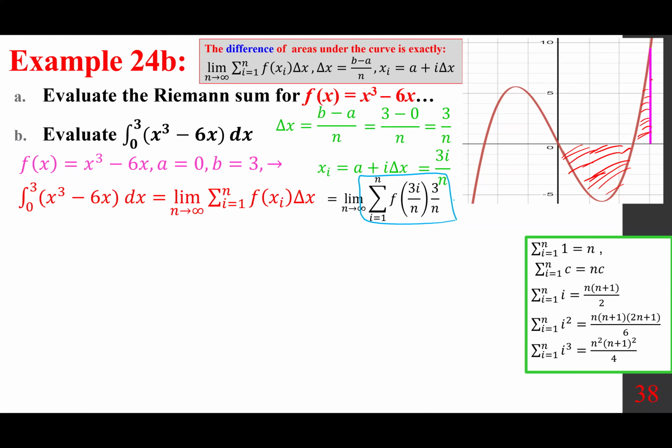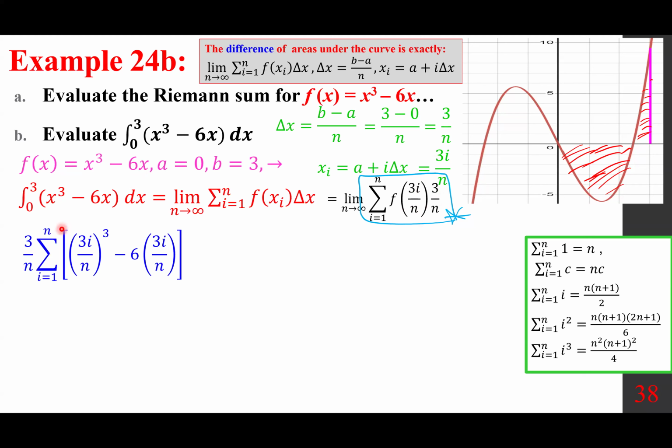So what happens next? It's very simple. We are going to work on this part, and to do so, we are going to write x cubed, which means (3i over n) to the third, minus 6x, minus 6 times 3i over n, and this 3 over n remains somewhere.